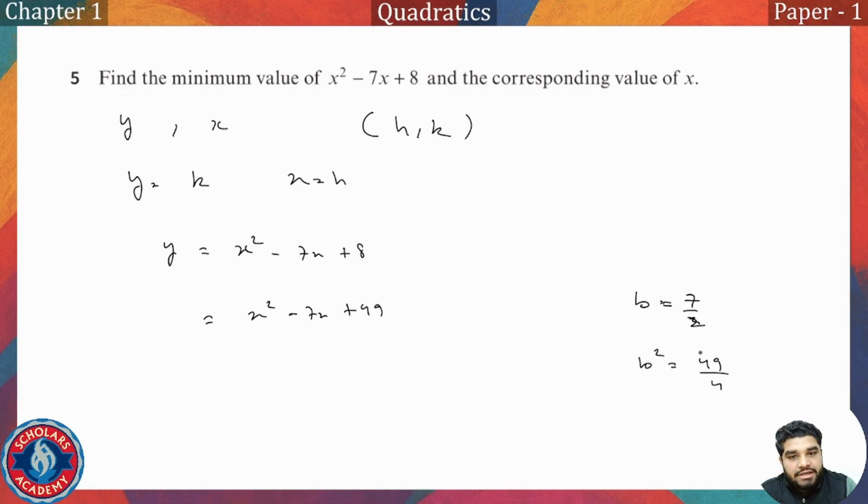So plus 49 by 4 minus 49 by 4 plus 8. This gives us (x minus 7 by 2) whole square, and from here we get minus 49 by 4 plus 32.